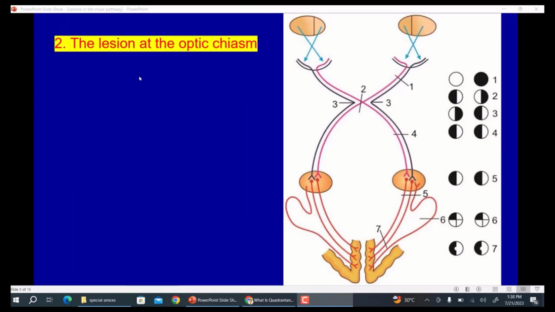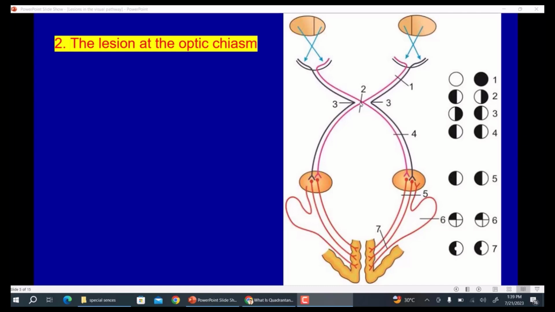The second lesion is at the level of the optic chiasm. This is the optic chiasm. Here you can see the fibers from the left eye cross to the right side and fibers from the right eye cross to the left side, and the junction of these two crossing fibers is called the optic chiasm.